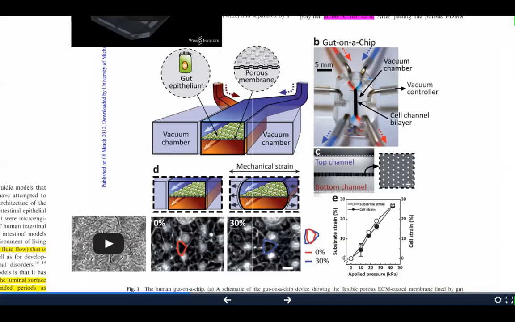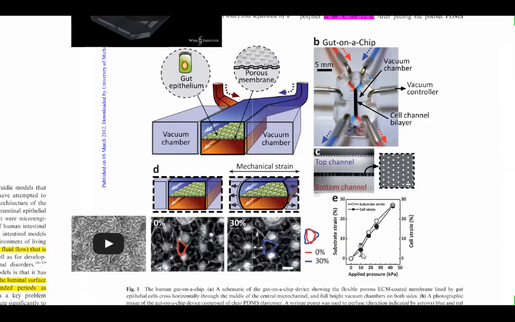But they have used this 10% cell strain with cyclic stretching that had 0.15 hertz of frequency because this is similar to what happens in vivo for the healthy epithelial cells in intestine.